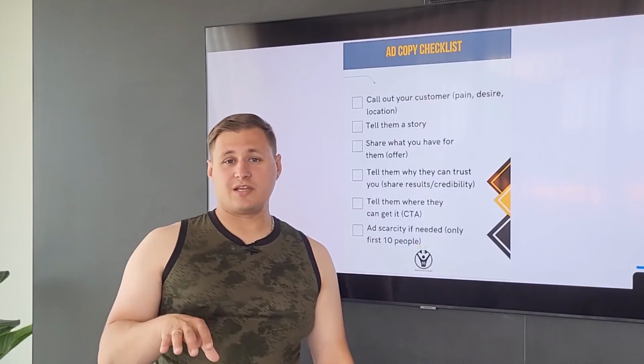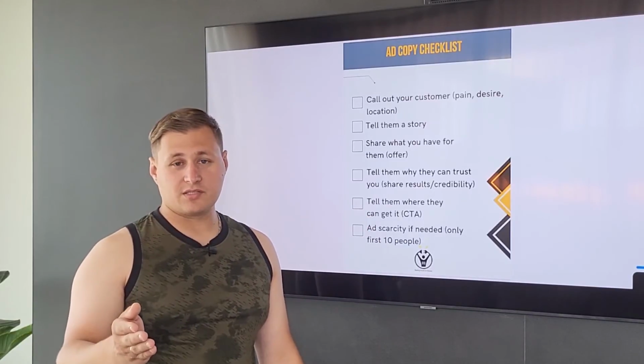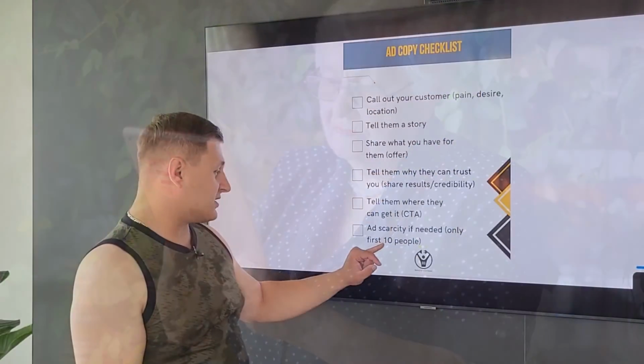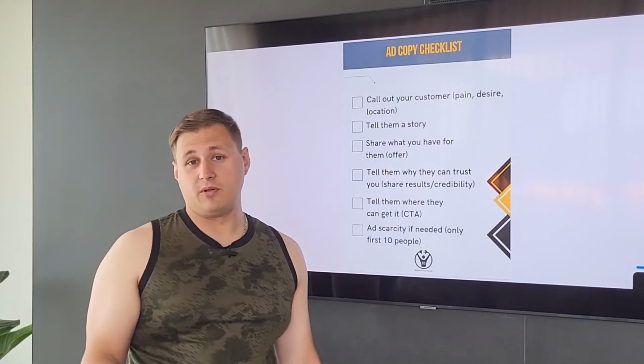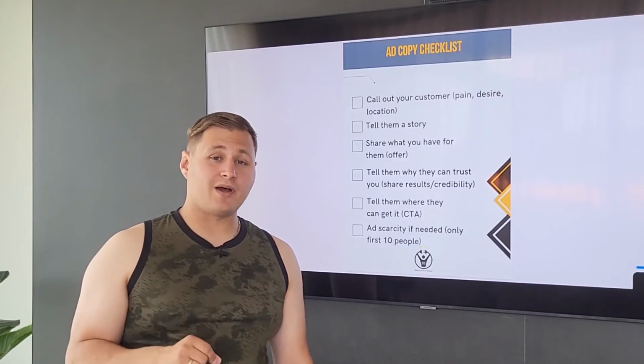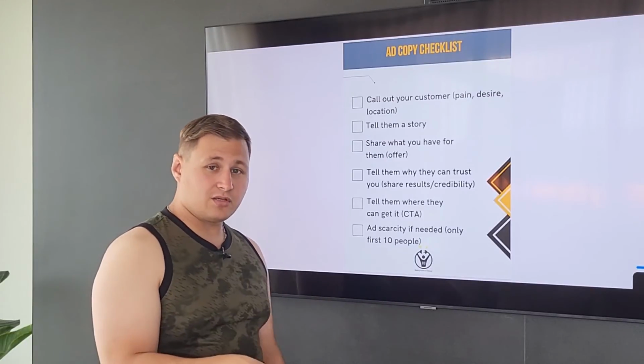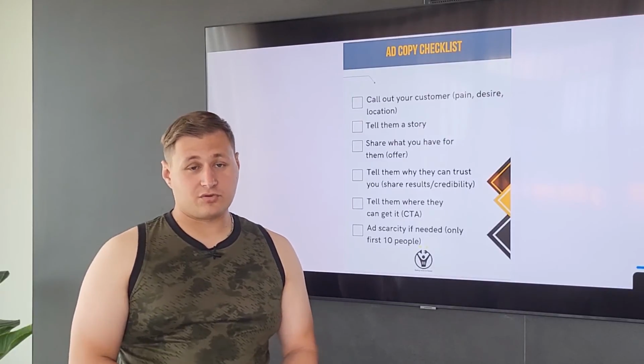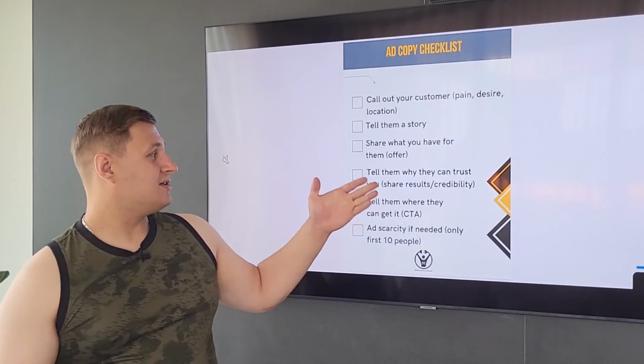So if you want to get started on finding your insurance policy, click on the button below, learn more, go to the funnel page, fill out the form, and I will contact you as soon as possible. And please remember, this is only for 10 people, so don't lose your chance. Do it right now and go to my funnel page, fill out the form, and I will contact you as soon as possible. So as you can see, very simple.